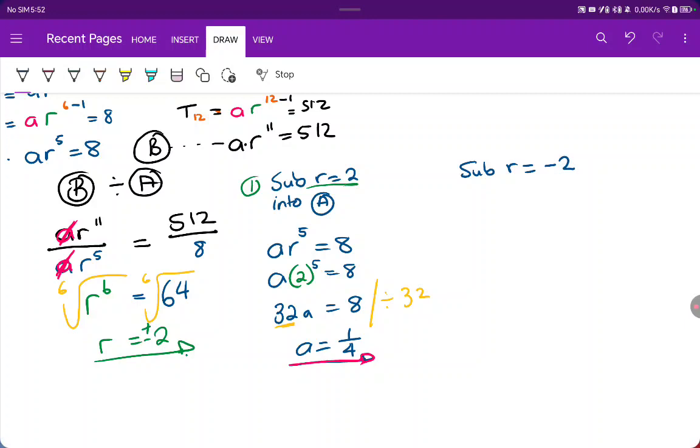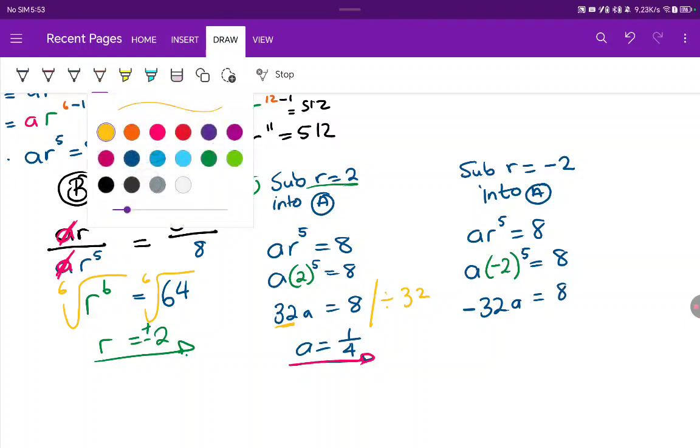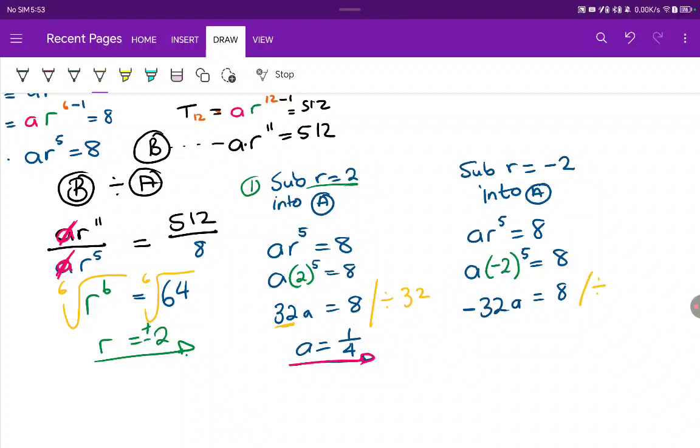So then we substitute r is negative 2 into ar to the power of 5 equals 8, and then r is going to be negative 2 to the power of 5, which means that we have negative 32a equals 8. Again, we're going to get rid of that 32, so we divide by negative 32 on both sides, meaning that a equals negative a quarter.